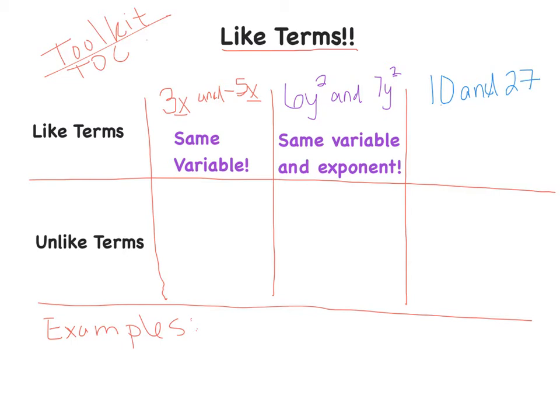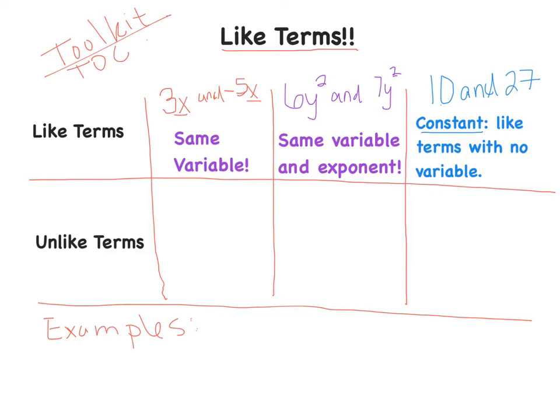They're called a constant. So 10 and 27 are alike because they have no variable. So constants are like terms with no variable. Okay, so 10 and 27 can be added together to get 37. They can be combined.